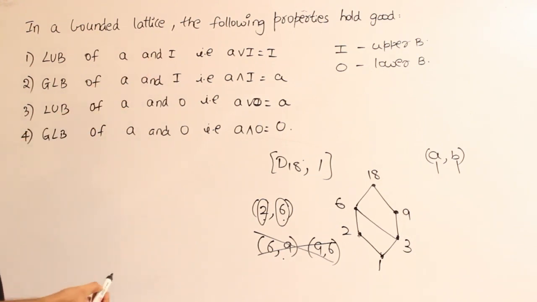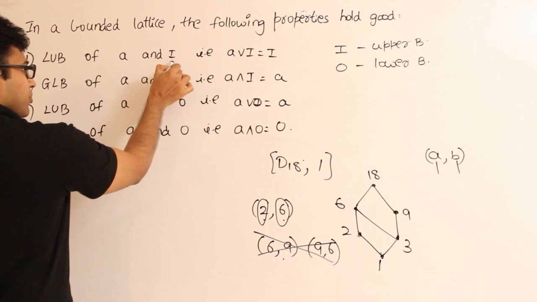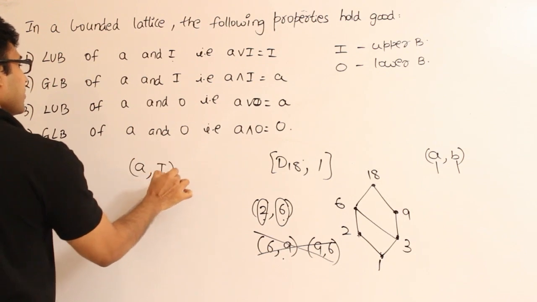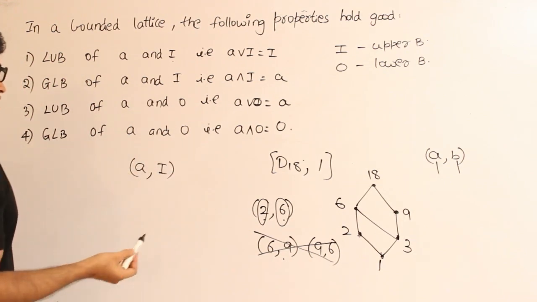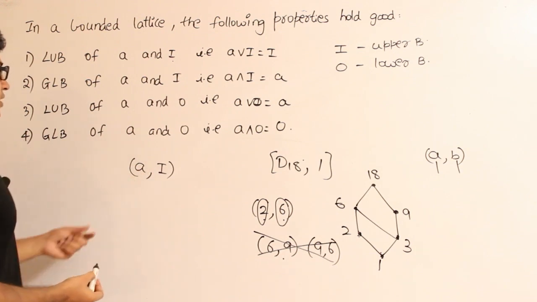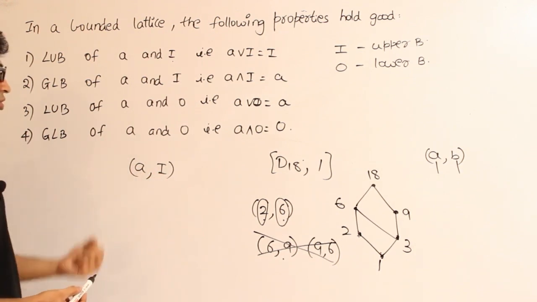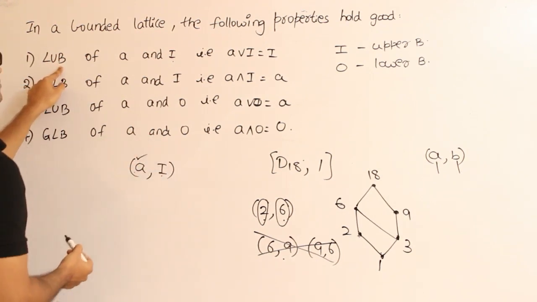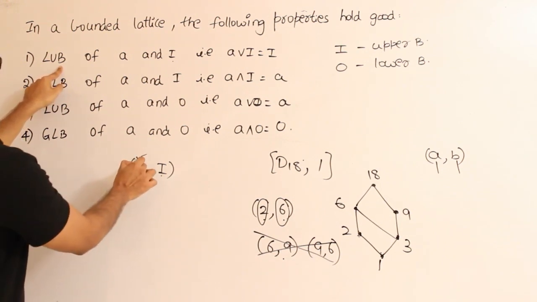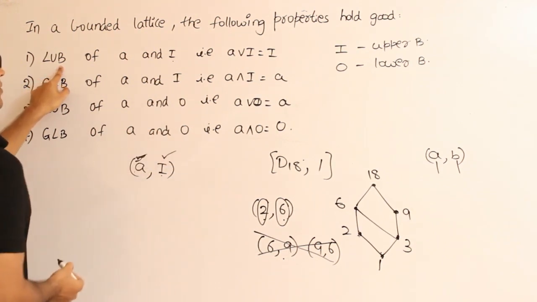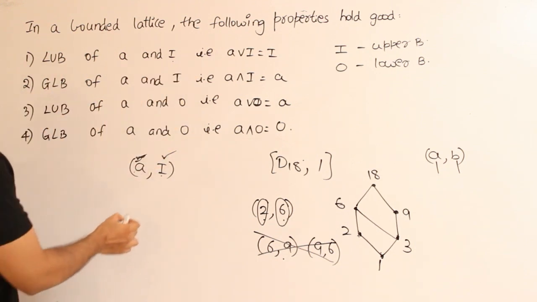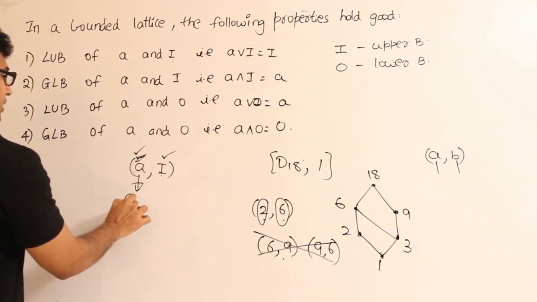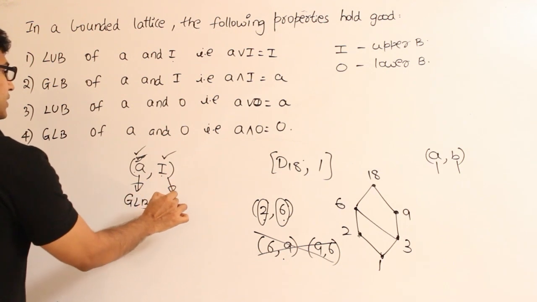Which means A should be related to this. Definitely, if I is the upper bound, there will be an ordered pair present in the relation of type (A, I). Since (A, I) is present, now we can easily guess the least upper bound and greatest lower bound of this set. Greatest lower bound of A and I is going to be A. Oh sorry, yes, least upper bound of A and I is going to be I and the greatest lower bound of A and I is going to be A. So here also this is the greatest lower bound and this is the least upper bound.